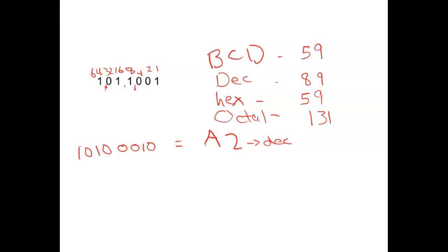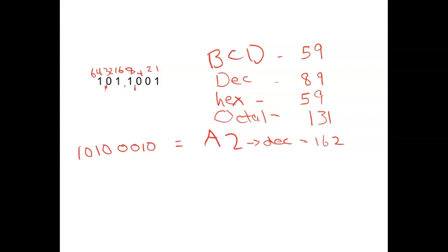Same idea here, but this is the 16s column and this is the ones column. So we have 10 16s, which is 160 plus 2. So decimal is 162. And again, if you add this up, that's 128 plus 32 is 162. So it comes out right.